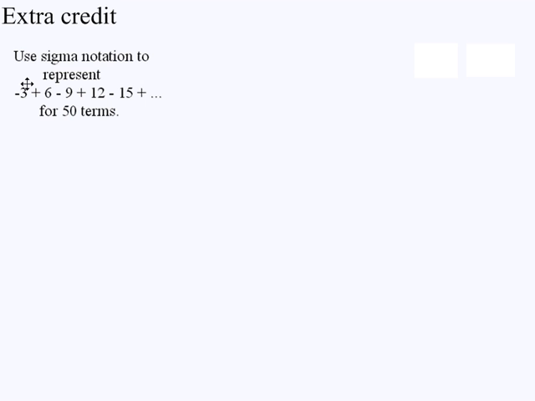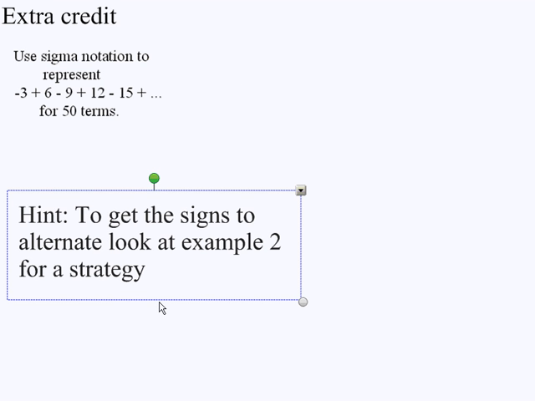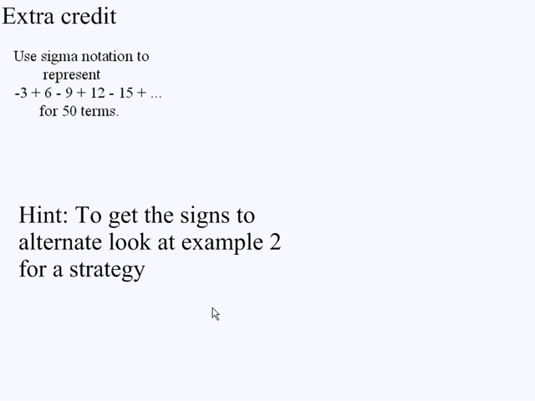Okay, for extra credit, I want you to use sigma notation to represent the series over here for 50 terms. Notice that it's going from negative to positive to negative to positive to negative, and so on and so forth. And I'll give you a hint to get the signs to alternate like that. Look at example 2 for strategy.